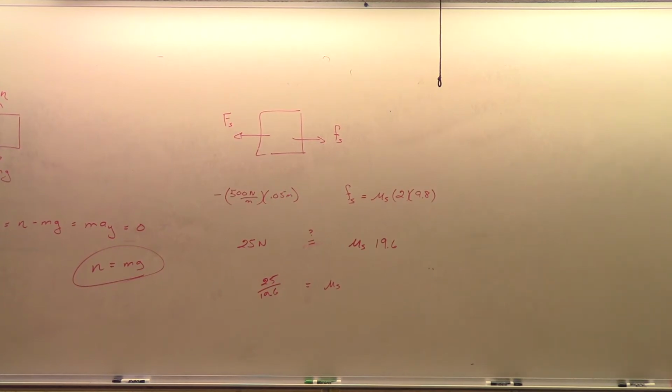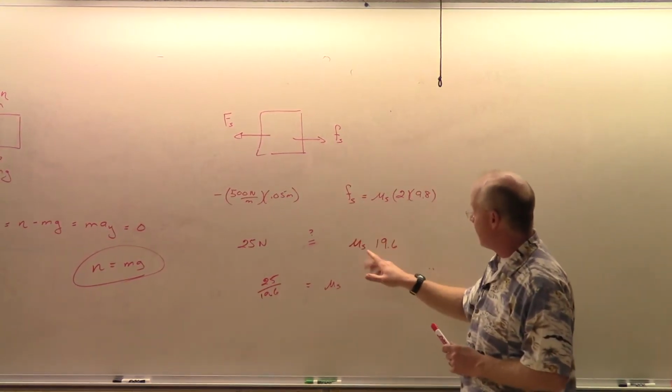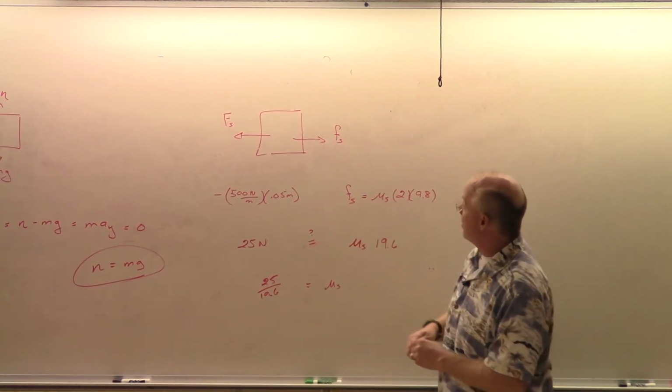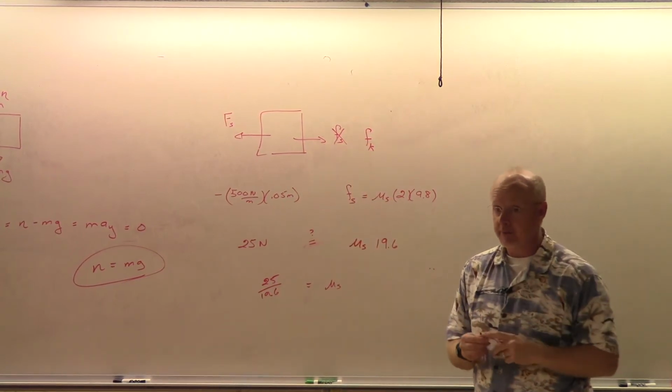There's another question here, and maybe I'll just touch on it because it's in the next problem: will it go all the way back to equilibrium? Because right now, let's just say the coefficient of static friction was less than this, so it would actually start to move. Once it starts to move, we no longer have static friction, we now have kinetic friction. Fair enough?